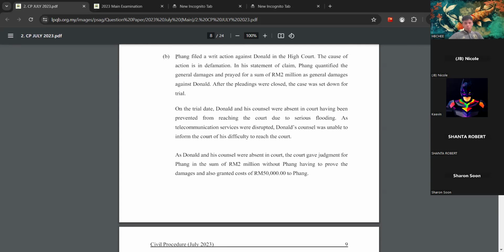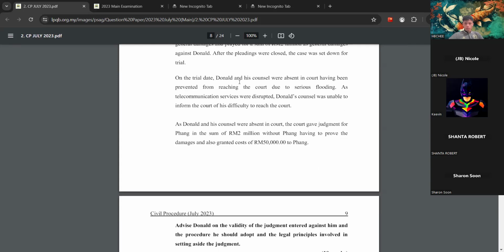Now, Pang filed the writ action against Donald in the High Court. Cause of action is defamation. In the statement of claim, Pang quantified general damages and prayed for a sum of 2 million as general damages against Donald. After pleadings were closed, the case was set down for trial. On the trial date, Donald and his counsel were absent because of serious flooding.